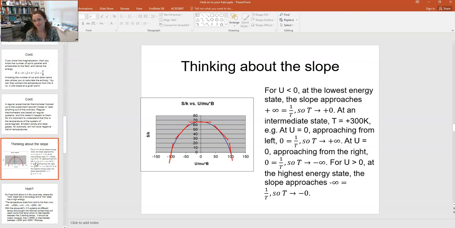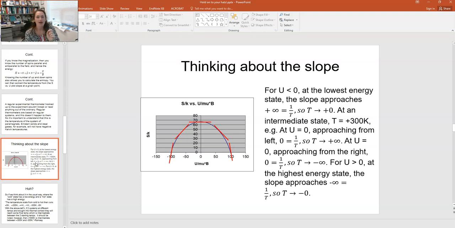Now, that kind of makes sense based on what we said before. If everything is in our lowest energy state, then the system has got to be cold, and 0 Kelvin is as cold as it gets. So if it's approaching our regular old 0 Kelvin, and it's in the lowest energy state for a huge collection of dipoles, that kind of makes sense to me.